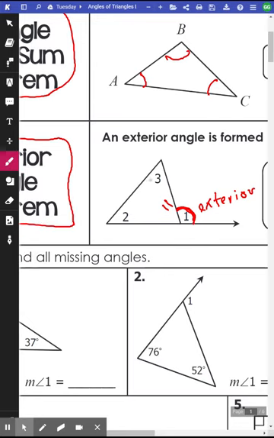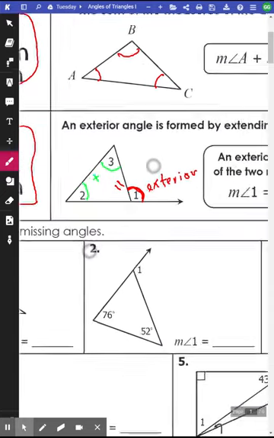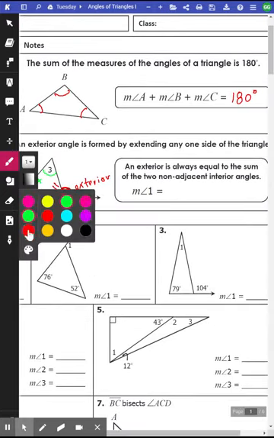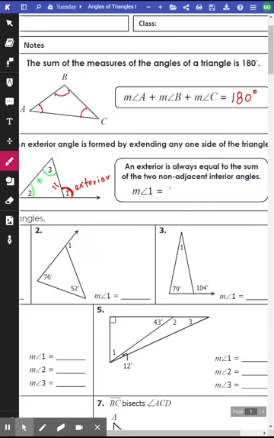So it's equal to angle 3 and angle 2 added together. If I'm going to write it out, angle 1 is equal to angle 2 plus angle 3.